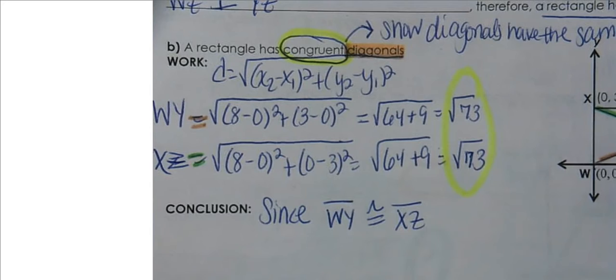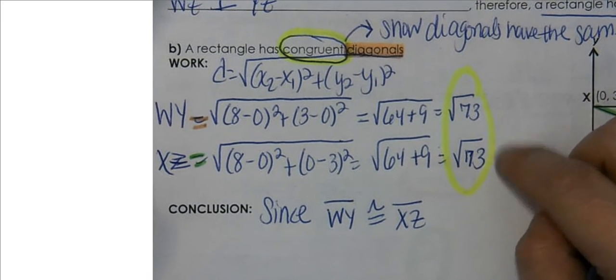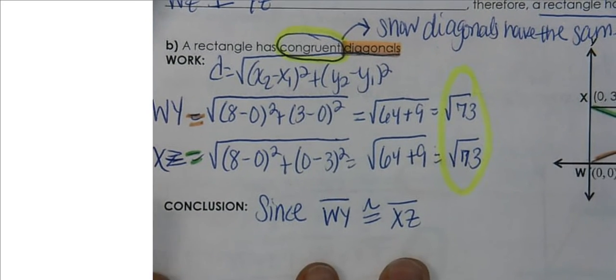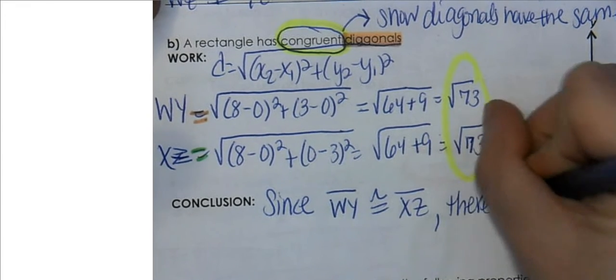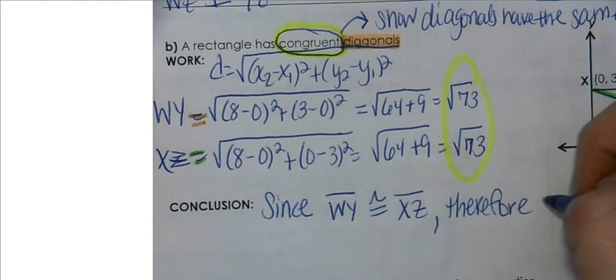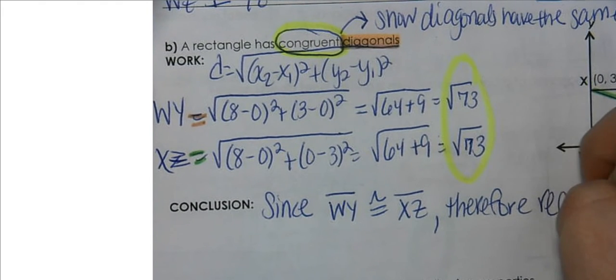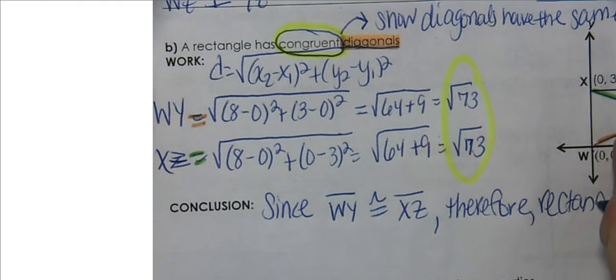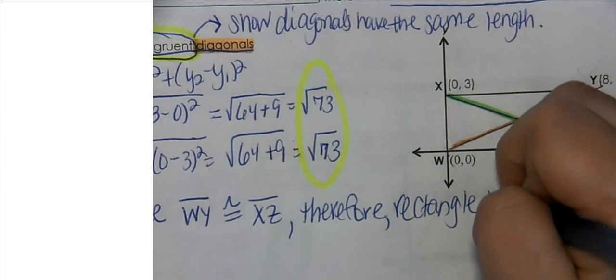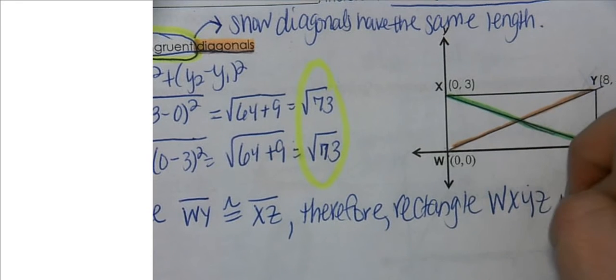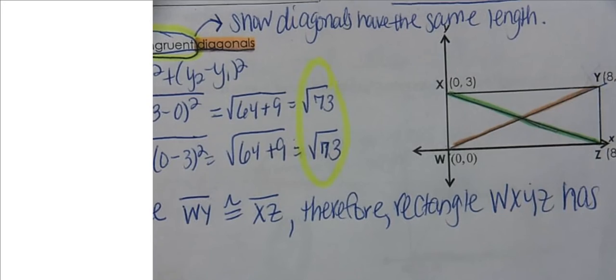Since our segments have the same length, so therefore they are congruent, therefore, rectangle WXYZ, I like to call it out for what it is, so this is WXYZ, has congruent diagonals.